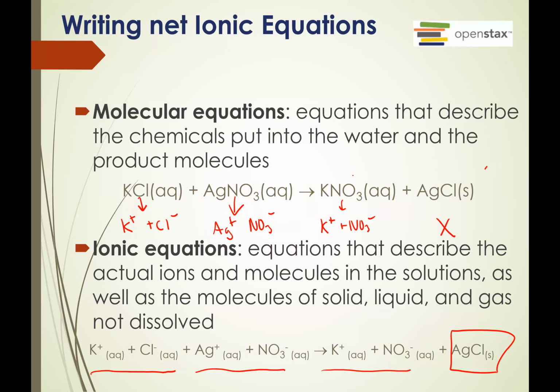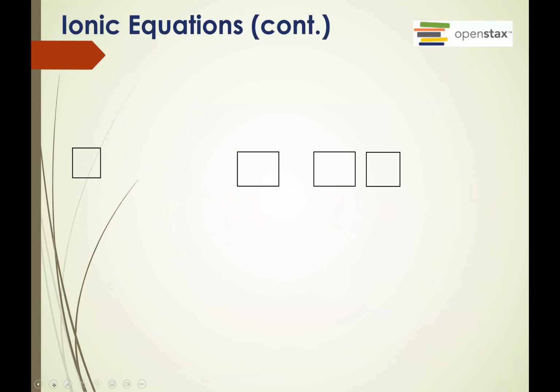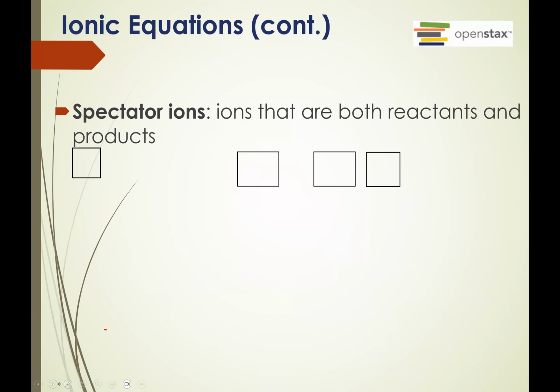But if it's a solid, a liquid, or a gas, it does not come apart. It stays together. Only (aq)s come apart. If you look online, half the world calls it complete, half the world calls it total. So that's our total ionic equation.